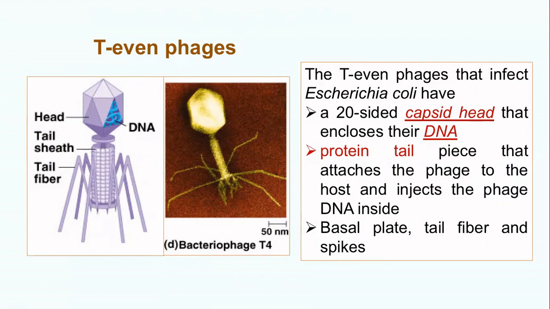You can have short essays which will ask you to describe the structure of bacteriophages with a neat labeled diagram. So once again, a little recap on the phage structure. Bacteriophages are viruses which infect E. coli, and they have a head and a tail.